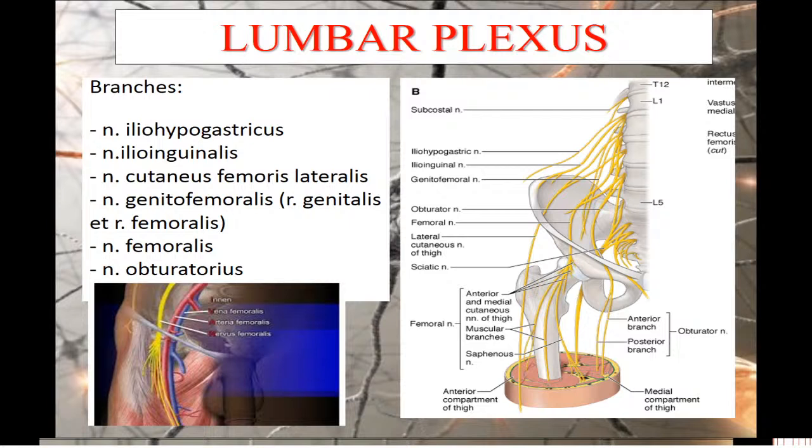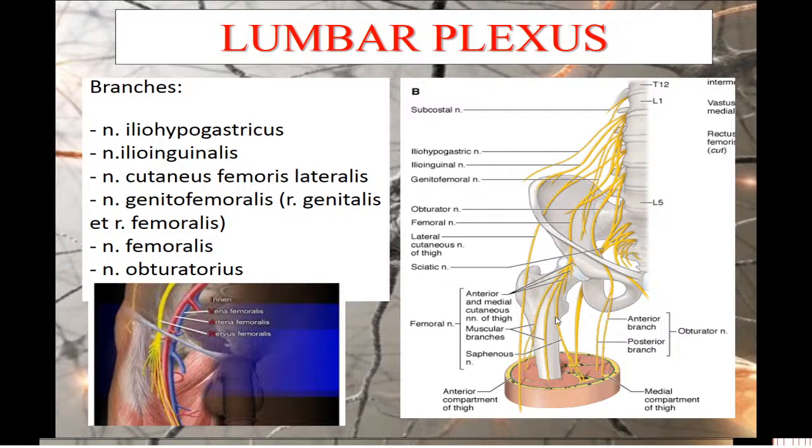Anterior and medial cutaneous branches of the thigh supply to the corresponding regions, to the anterior region of skin of the thigh and also to the skin located in the medial surface of the thigh.